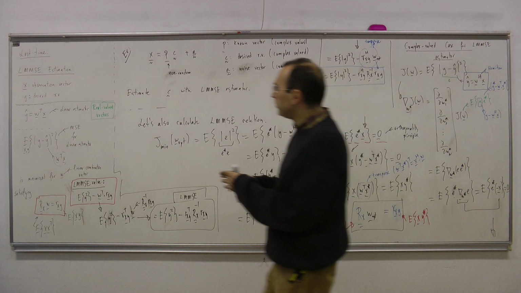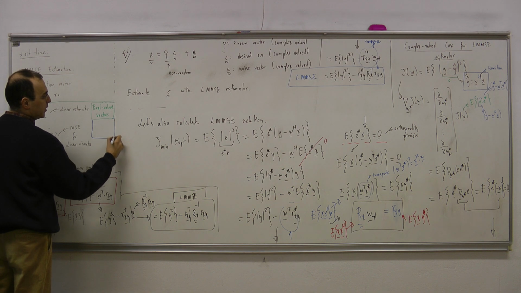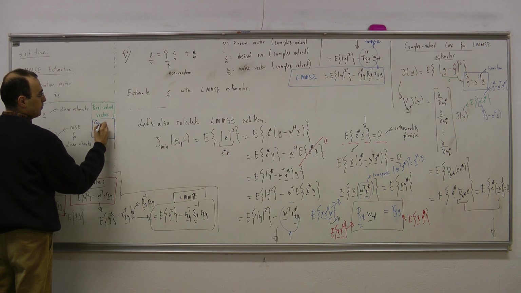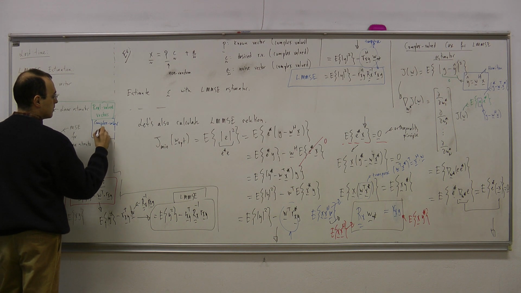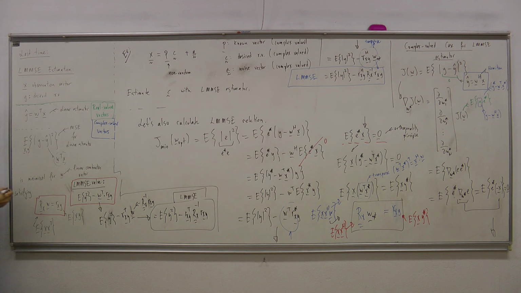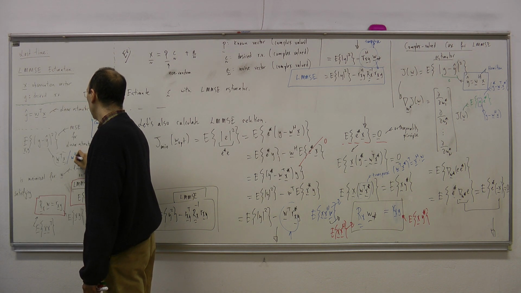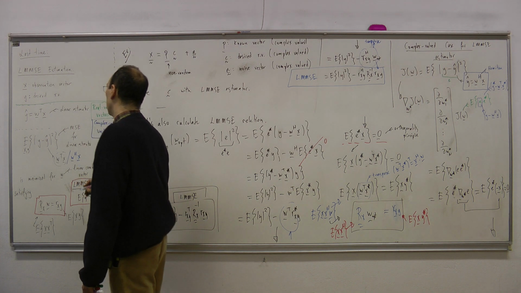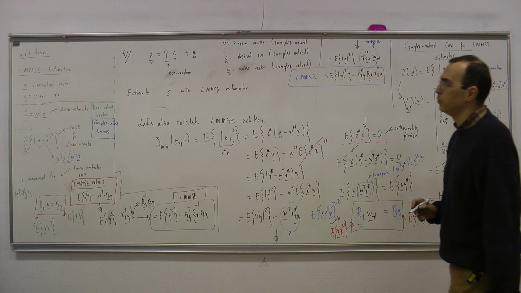So let me then append this with the complex valued case also, with the blue color. Okay. So how do I change this? If this is complex valued, now the change is I have W Hermitian X instead of this. Okay. For the blue.